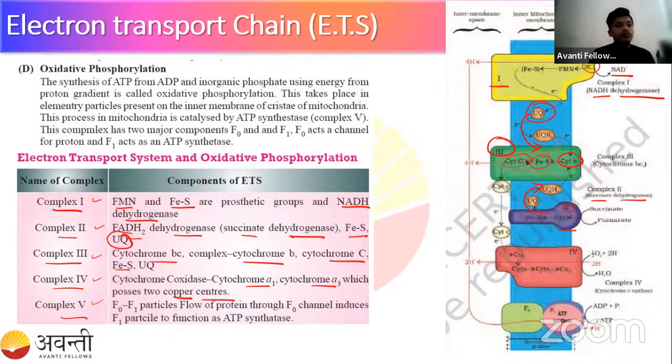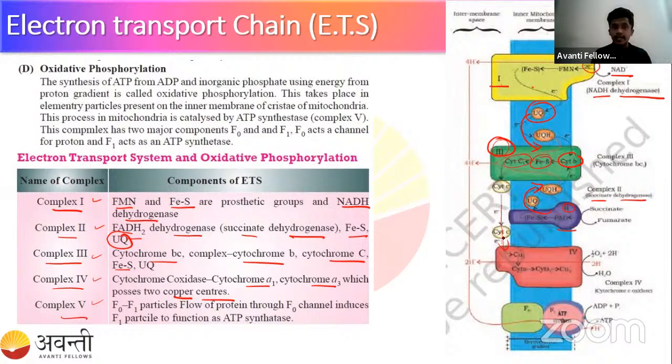Once the electrons reach cytochrome C, now cytochrome C is a mobile electron transporter. Remember this, very, very important. It is present just outside the inner membrane, okay? This cytochrome C, which is a mobile electron carrier, carries the electrons from complex 3 all the way to complex 4.